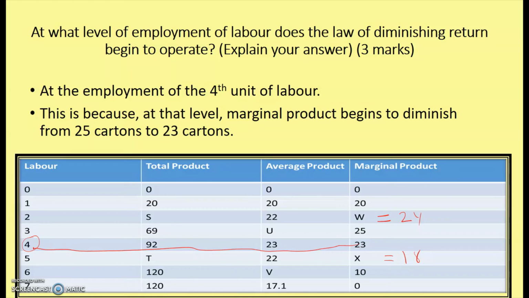Then the explanation will be that this is because at that level, marginal product begins to diminish or fall from 25, as you can see here, to 23 cartons.